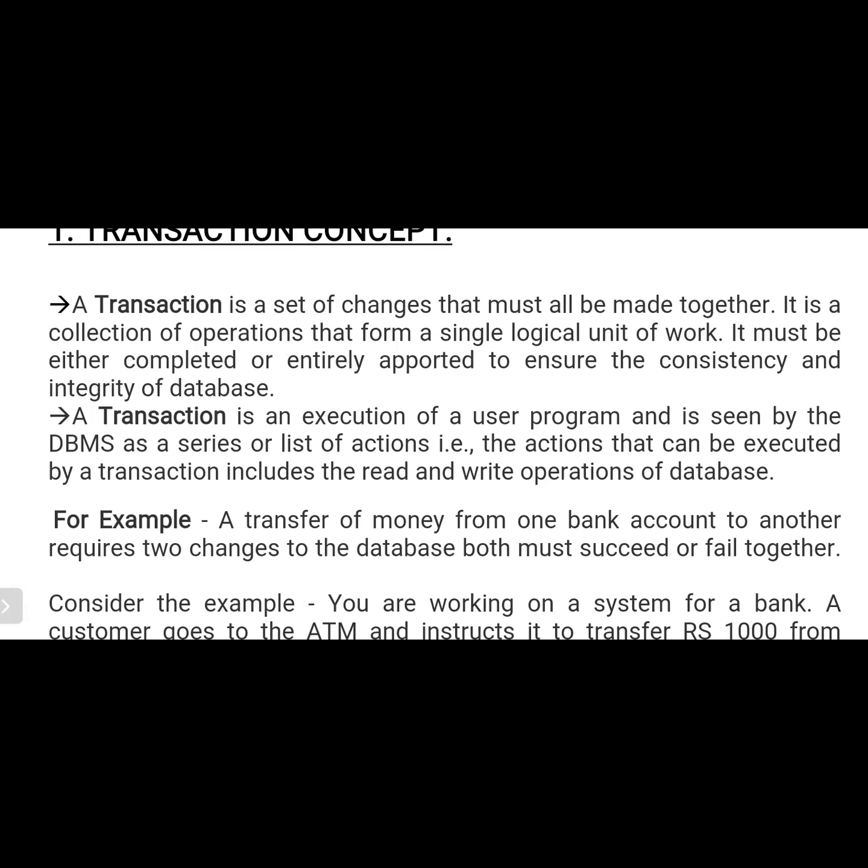For example, if we deposit some money in our account, we see a message: your transaction ID is this. If you buy some item online, then also you get a transaction ID.